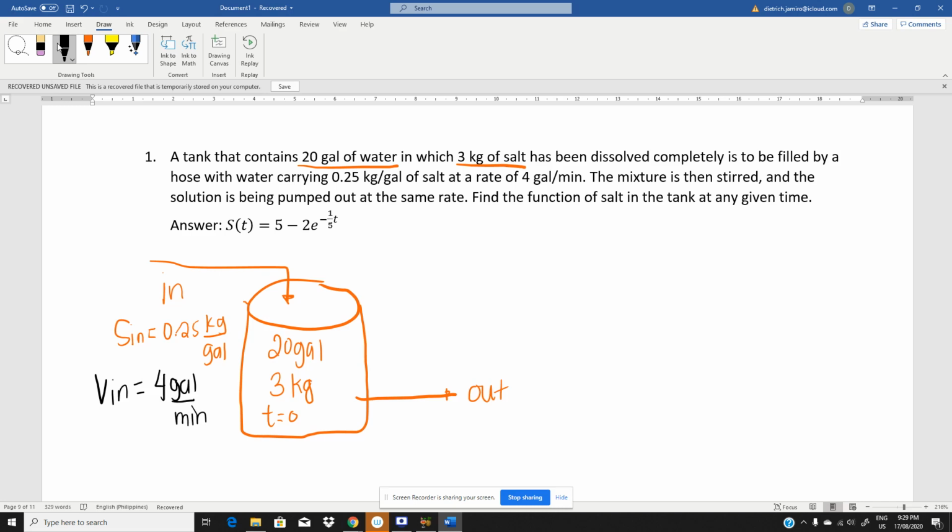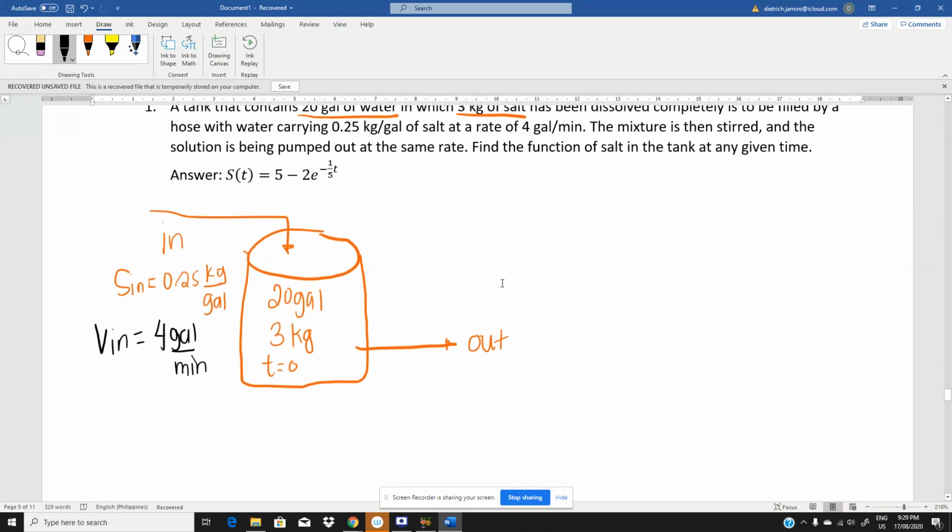The mixture is then stirred and the solution is being pumped out at the same rate. So S out is unknown, and our V out is the same rate as our inlet, which is 4 gallons per minute.